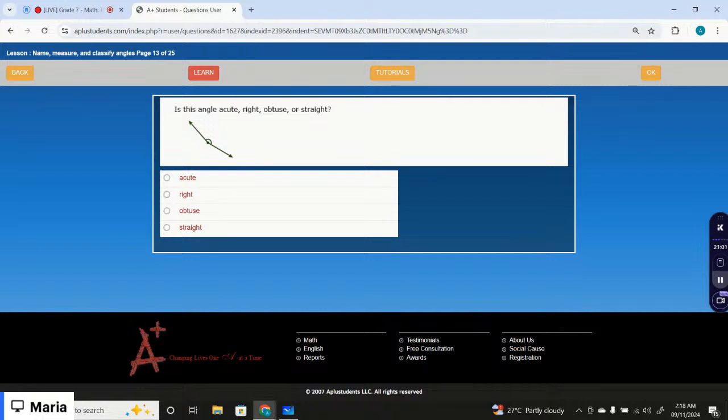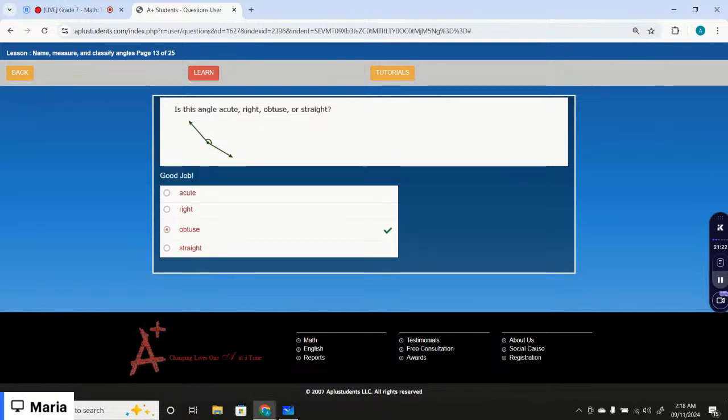Is this angle acute, right, obtuse, or straight? So which is the correct option? That is the obtuse angle. Option number 3 is the correct option.